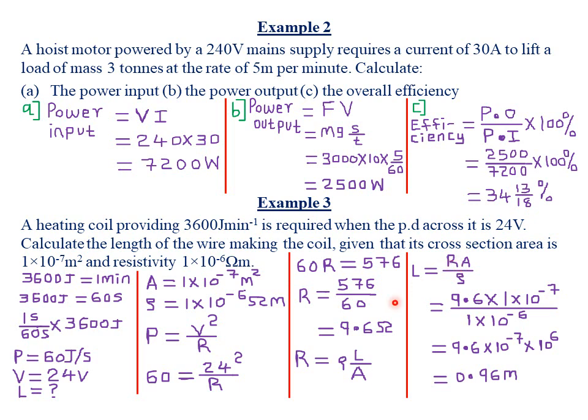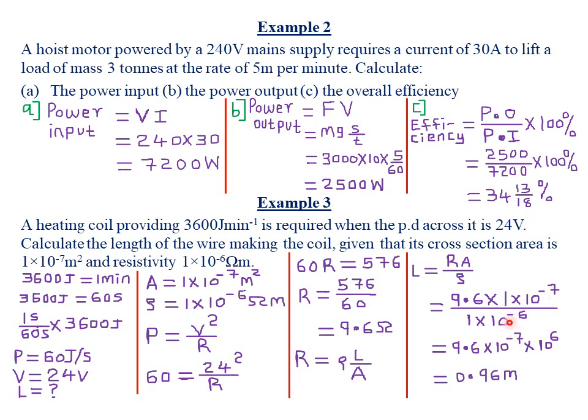So resistance, we have already computed it as 9.6 ohm. So 9.6 multiplied by the cross-sectional area of that particular wire, which we were given as 1 times 10 power negative 7 meters squared, then divided by the resistivity, which I was given as 1 times 10 power negative 6 ohm meter. So 9.6 multiplied by 1 times 10 power negative 7, divided by 1 times 10 power negative 6, will simply end up with 9.6 multiplied by 10 power negative 7.